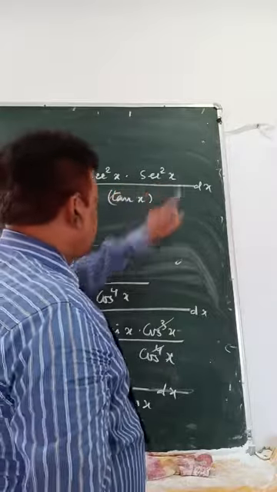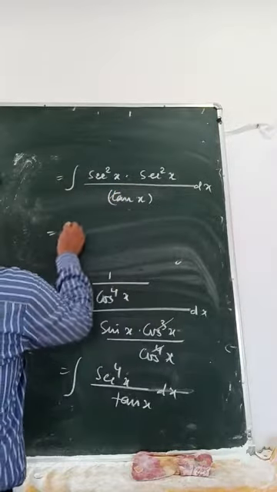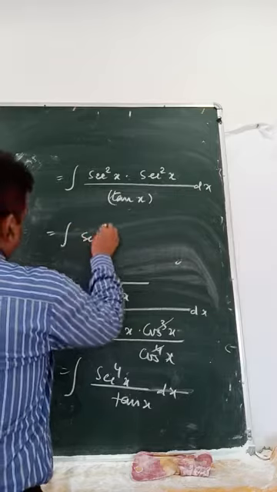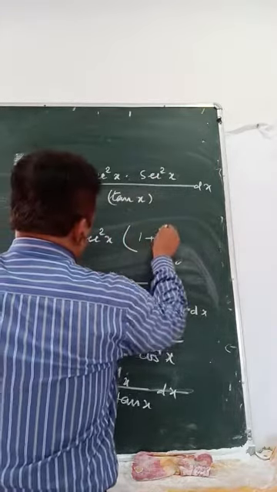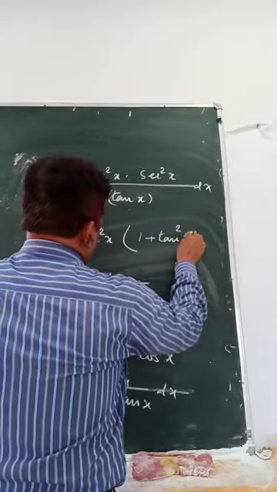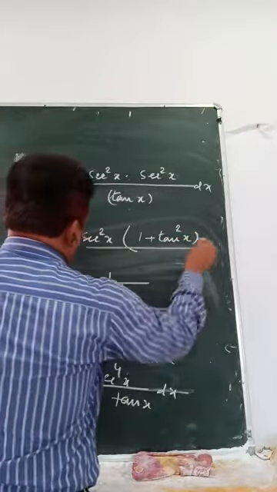So how to solve? Look here. Sec square x, write sec square as 1 plus tan square x, divided by tan x.